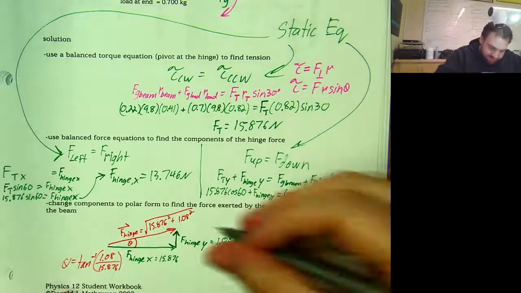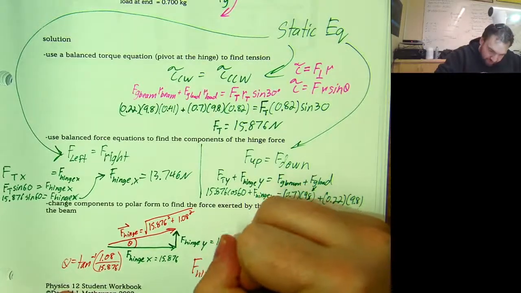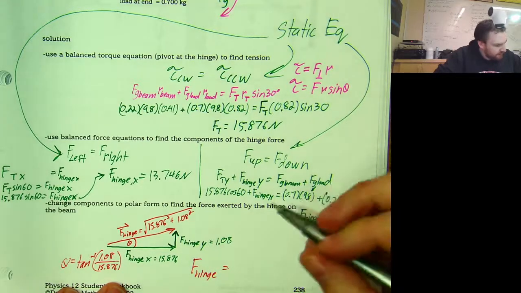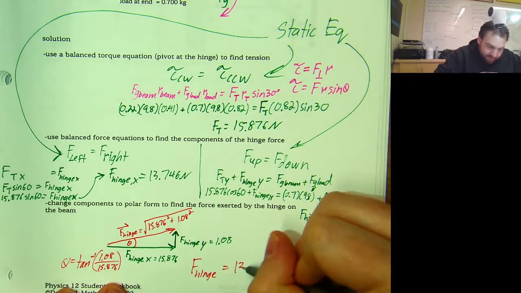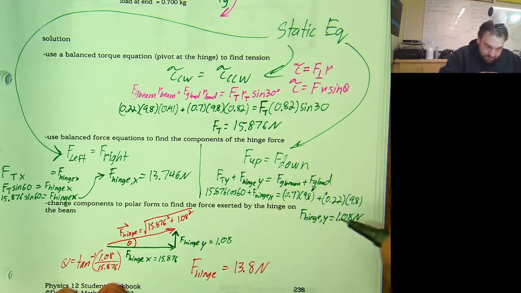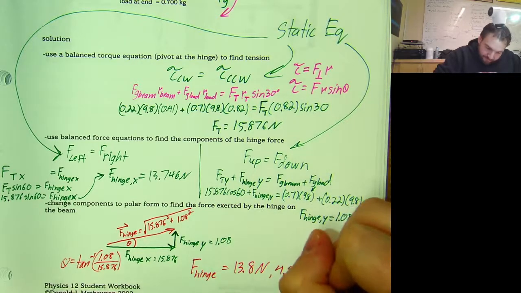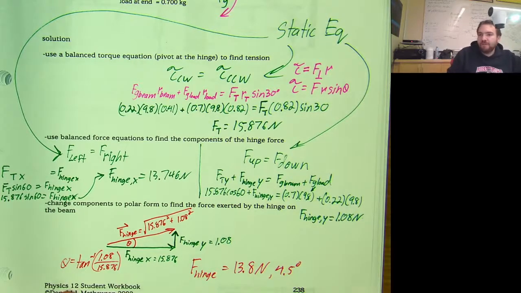Which means F hinge is going to equal 13.8 newtons, 4.5 degrees. Now, direction's important.